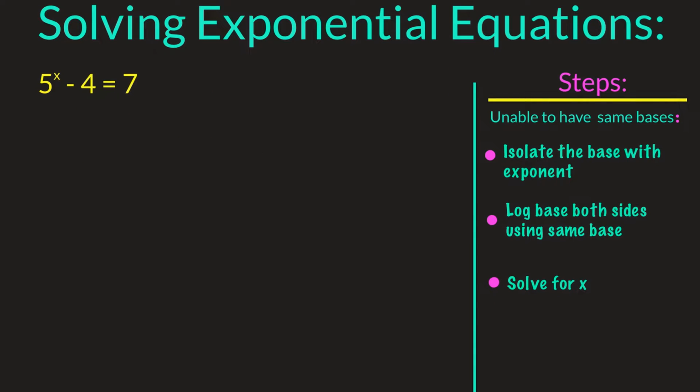Okay, let's move on to the second example. So we have 5 to the x minus 4 equals 7. So again, we need to isolate that base with the exponent, and so we're going to add 4 to both sides. It's going to give you 5 to the x equals 11. And now we need to take the log base of both sides.